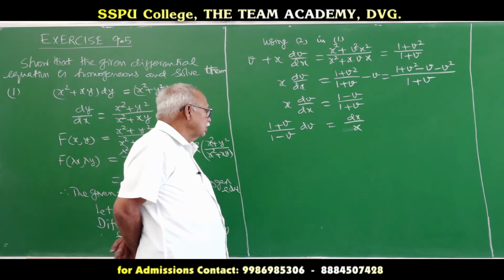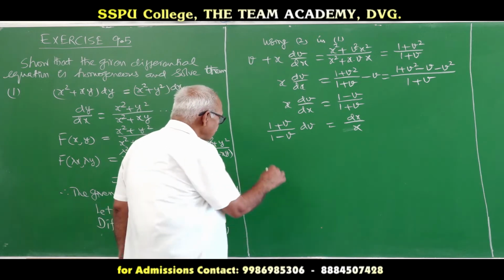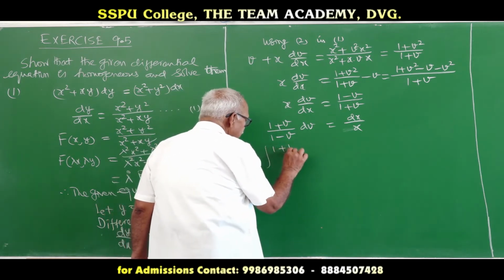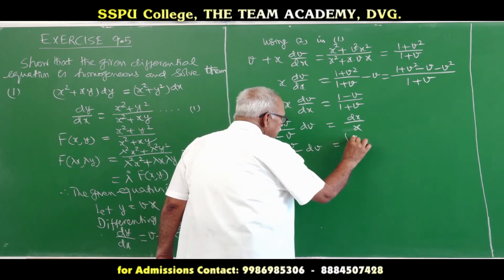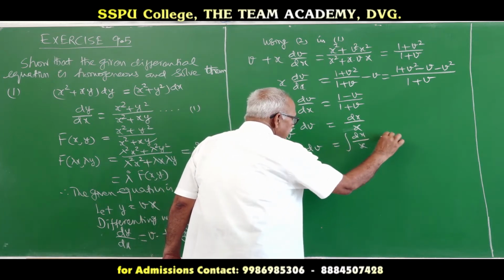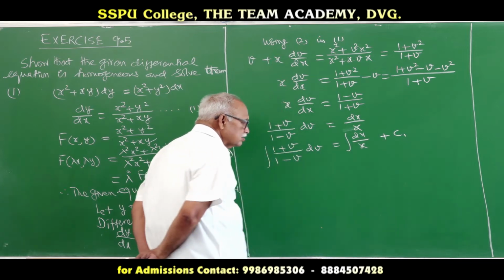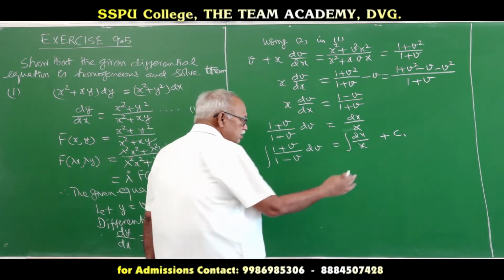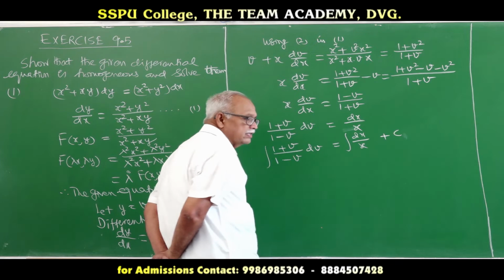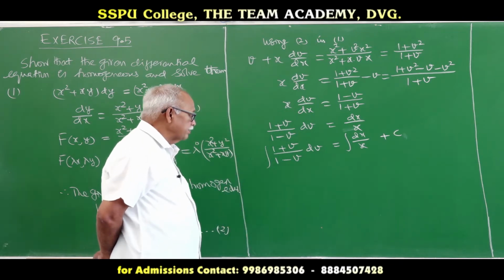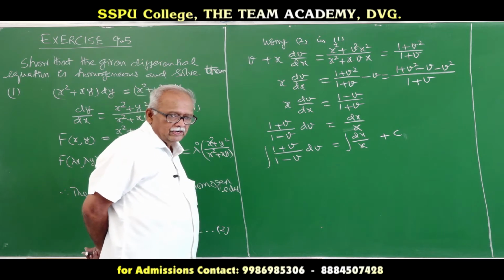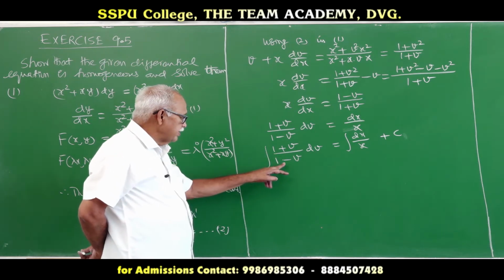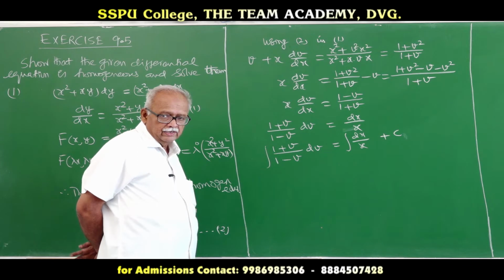Now how to integrate this? The integral of (1 + v)/(1 − v) dv equals the integral of dx/x plus a constant c or c1, whatever it is. Try to create 1 − v in the numerator.